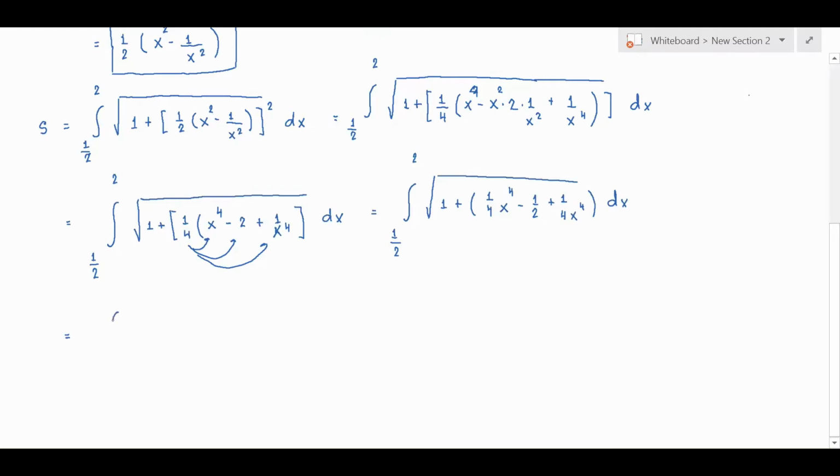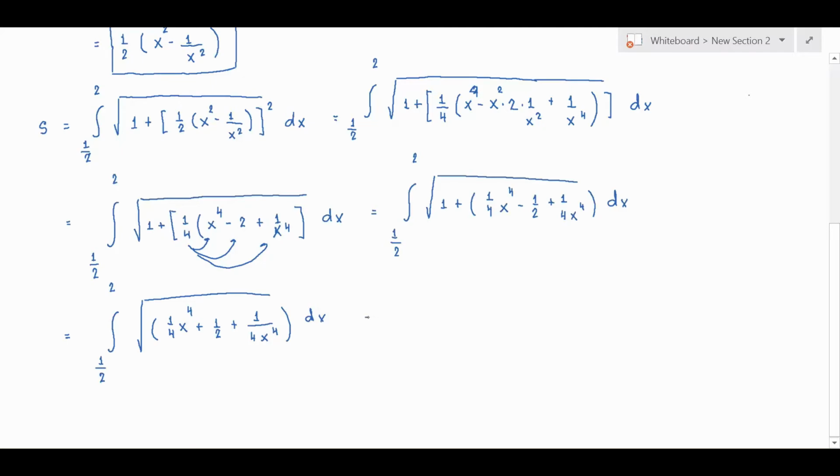So from here I'm going to have an integral from 1/2 to 2 of the square root of 1 minus 1/2, which is 1/2, plus 1/4 x to the 4th, plus 1 over 4x to the 4th, dx.